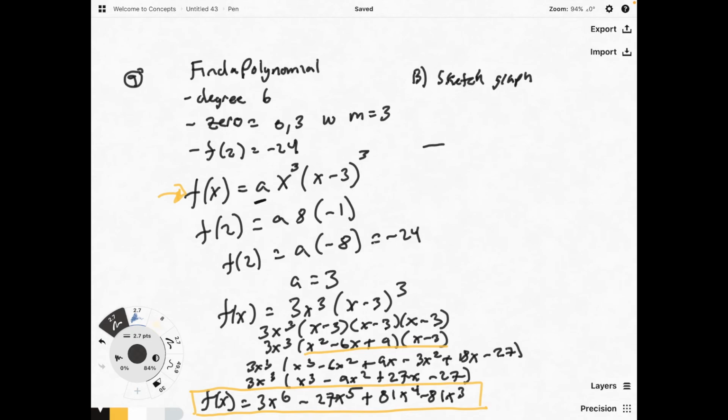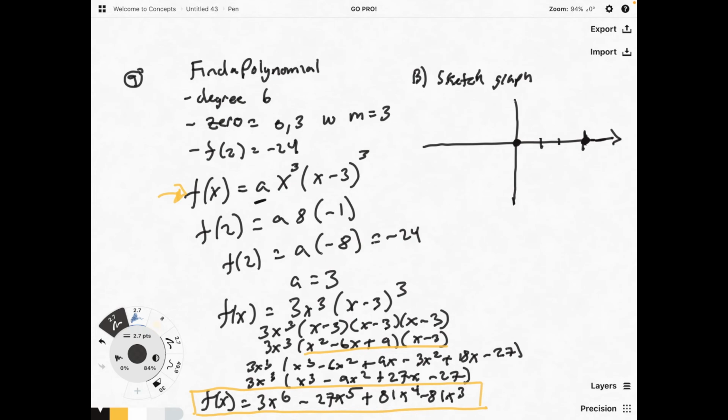So if we sketch out this graph, we have zeros at 0, and 1, 2, 3.